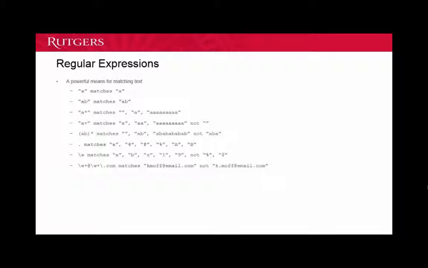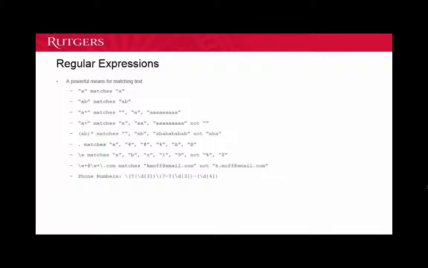Then another \w plus, which matches email. Then a \. If you want to actually match a period and not have the dot be a special everything character, then you escape it. You put a slash in front of it. So a \. matches the period, and then com matches com. So I can find all the email addresses that follow this pattern. Maybe there are better patterns, right? Sometimes there's a .com.uk or something.